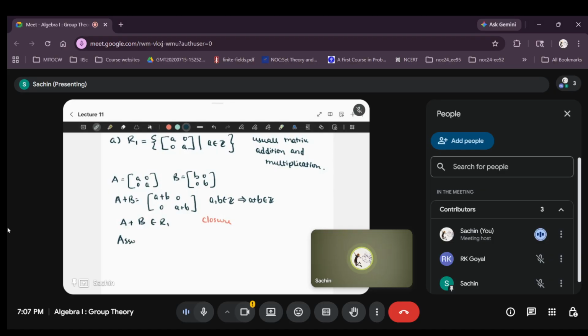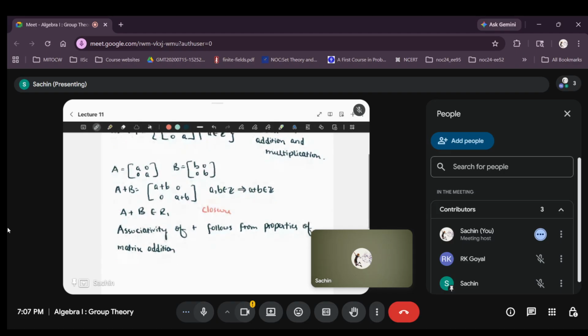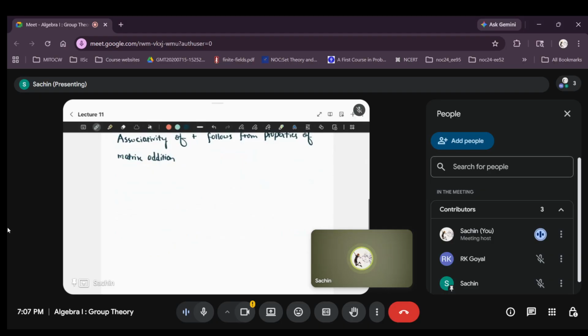And associativity of plus follows from properties of matrix addition. That's also not a problem.